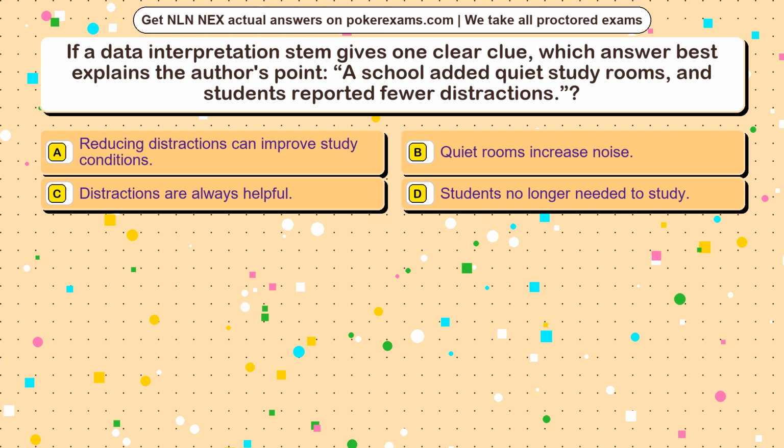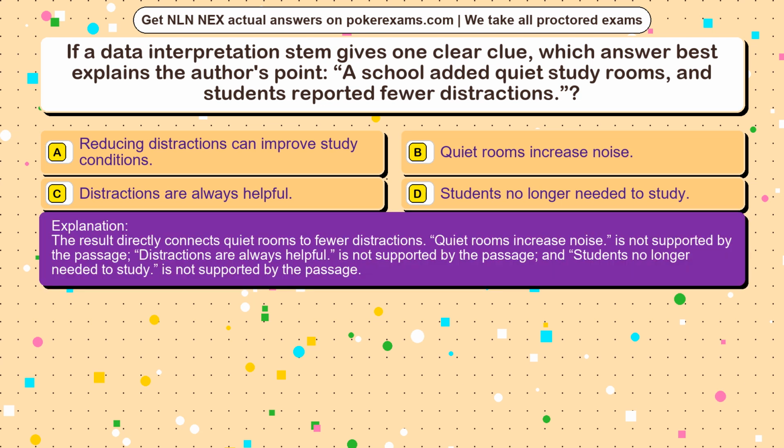The correct answer is option. The result directly connects quiet rooms to fewer distractions. Quiet rooms increase noise, is not supported by the passage. Distractions are always helpful, is not supported by the passage, and students no longer needed to study, is not supported by the passage.